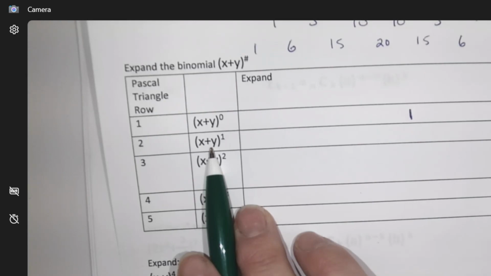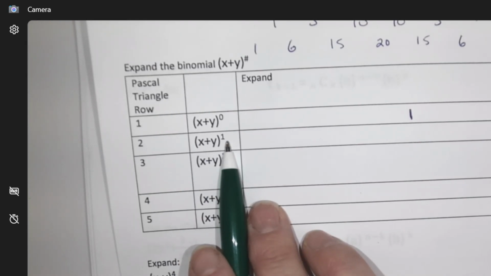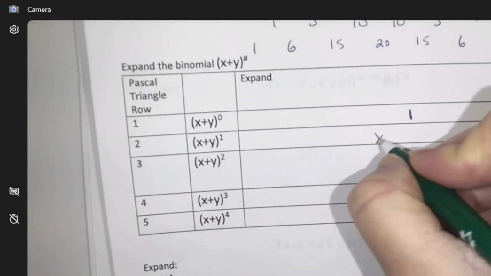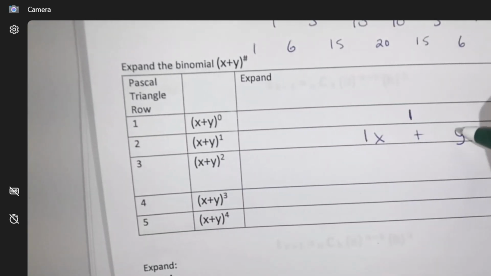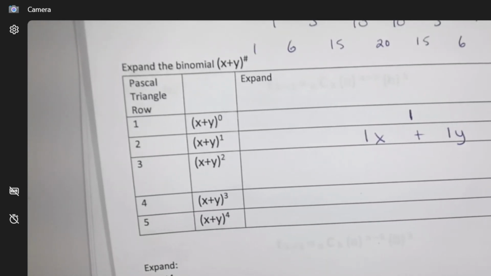What is anything to the 1 power? Itself. Okay, you know what I'm going to do though? I'm going to put 1x and 1y, just so we can see something.